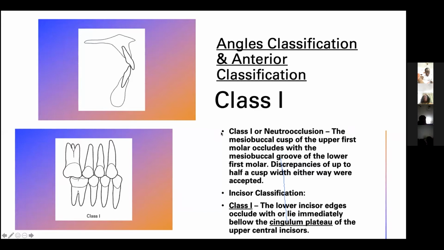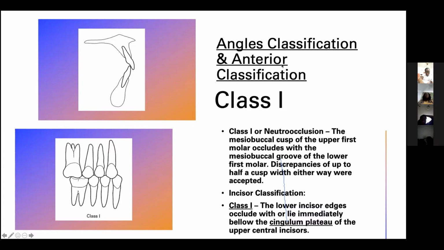So when it comes to malocclusion, we have 2 different definitions. We have Angle's classification, and then we have anterior classification. Angle's classification is based on posterior relationship, meaning the back teeth relationship.